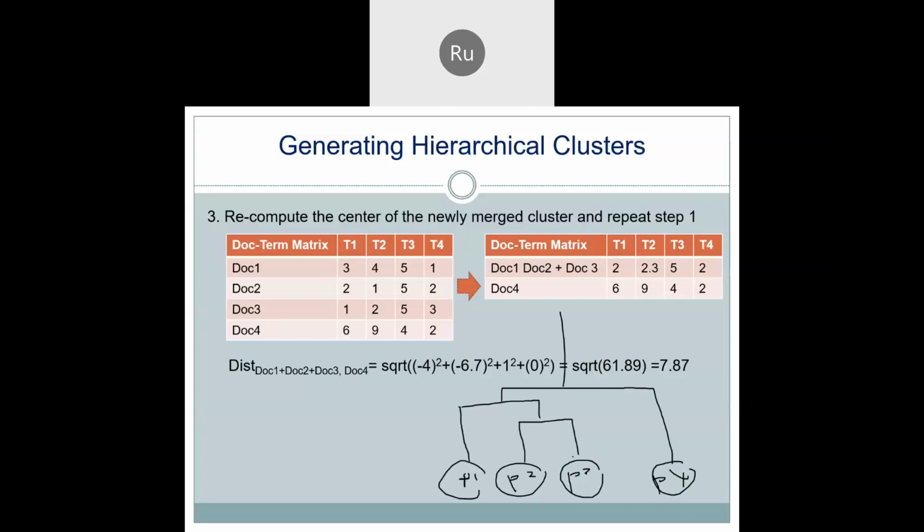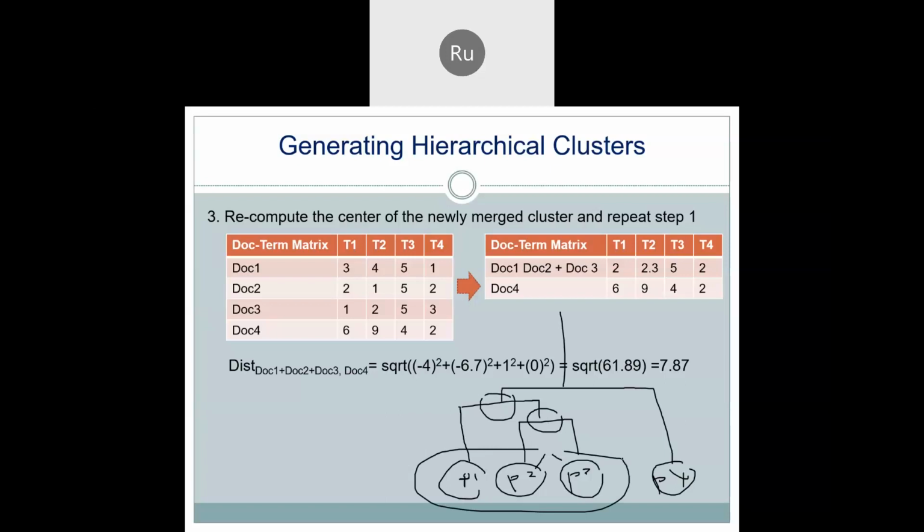Once you merge these two, basically you have P2 and P3, and the center will be the average of these two. Then you merge again, and the center here would be the average of all these three documents. For this one, they use the centroid.